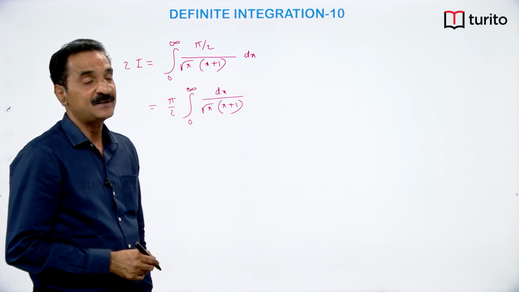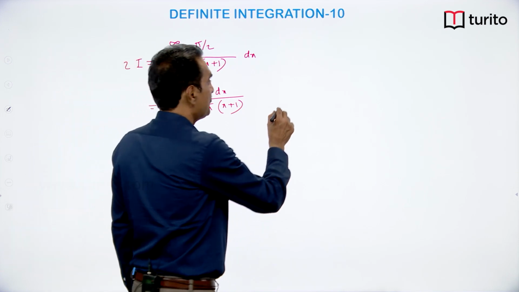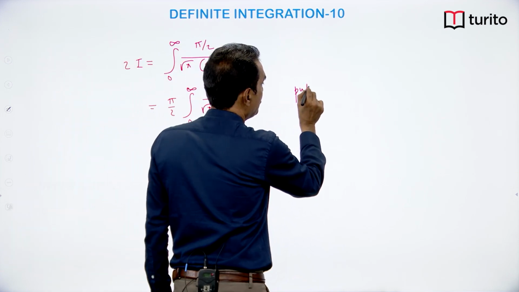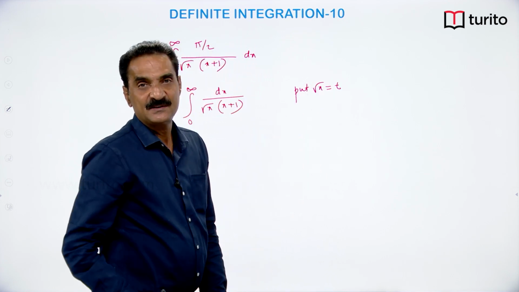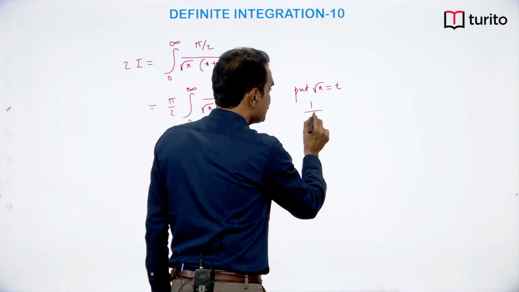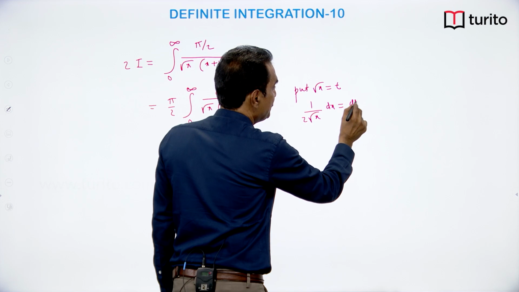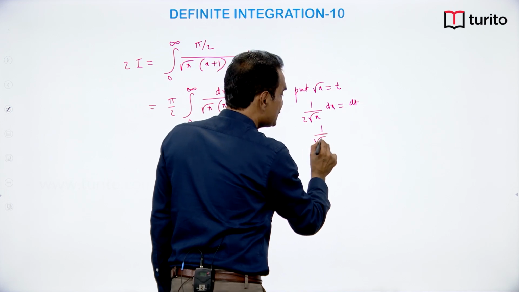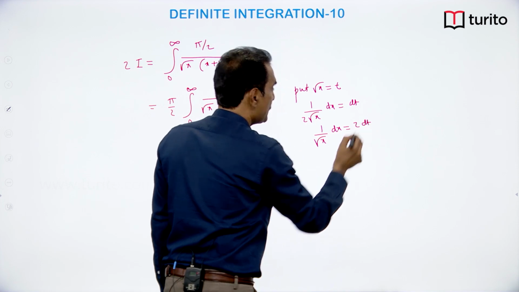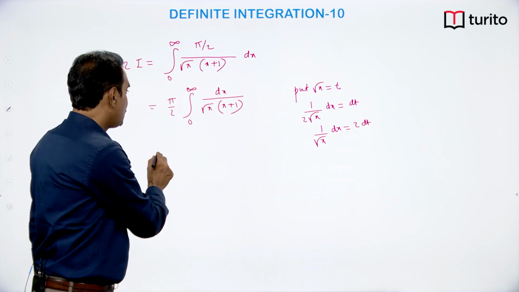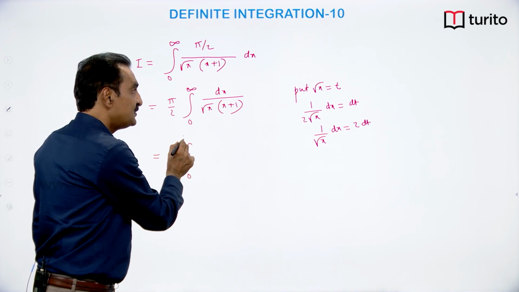Now, how to integrate it? Put root x is equal to t, then its derivative is 1 by 2 root x dx is equal to dt. So 1 by root x dx will be 2 dt. Now what will be the limits? 0 to infinity only.